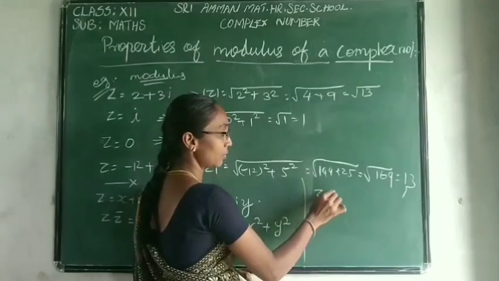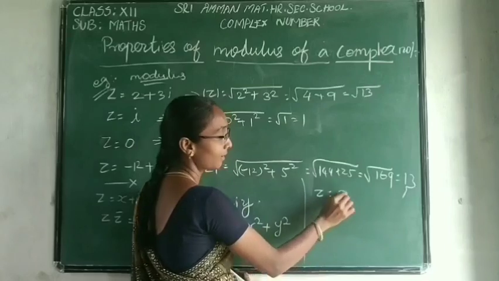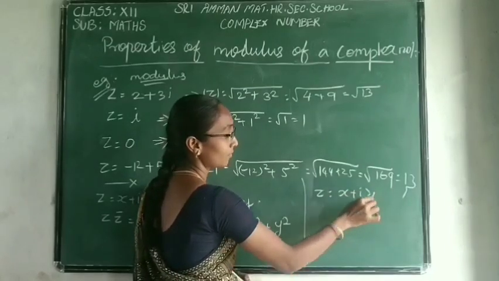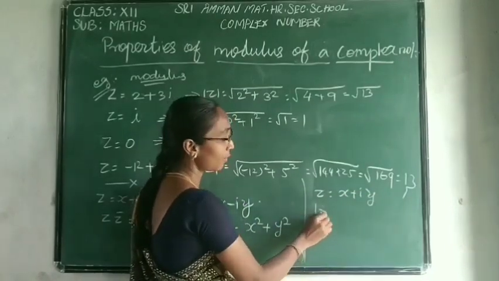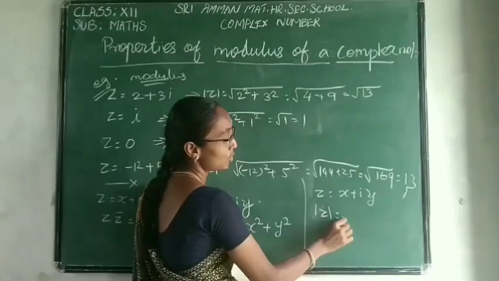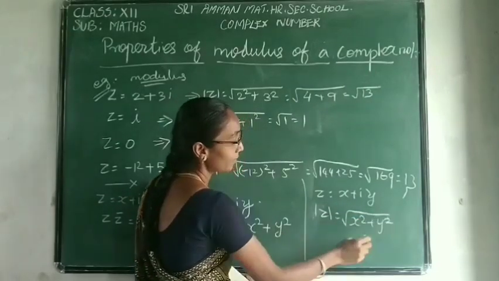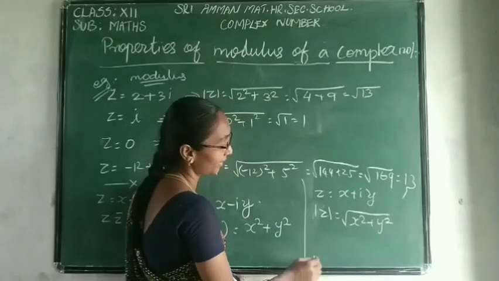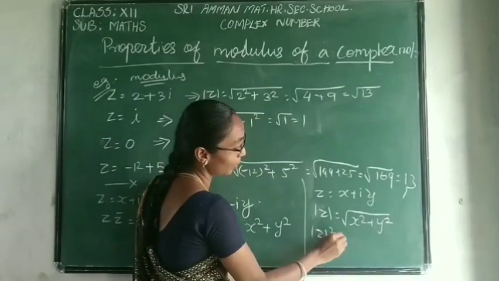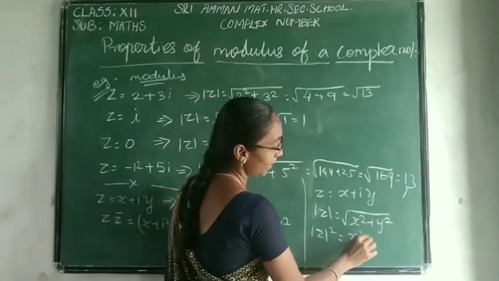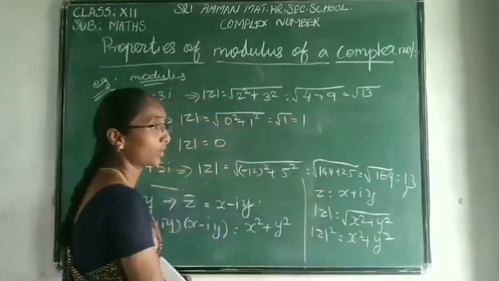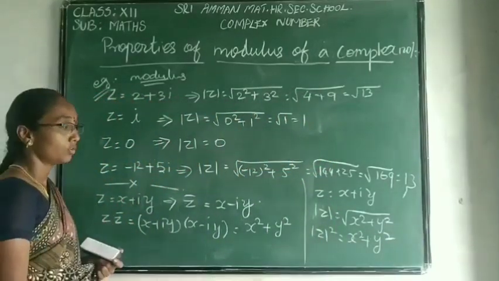Now z equals x plus iy. Modulus of z, what is the value? Root of x squared plus y squared. Taking the square on both sides, we get modulus z squared equal to x squared plus y squared.